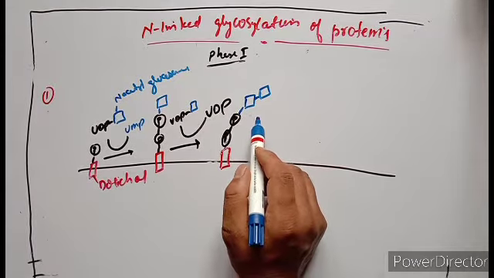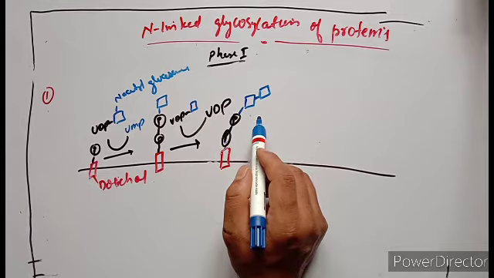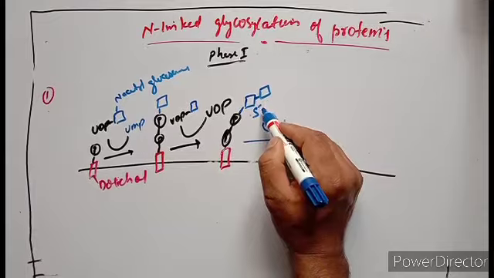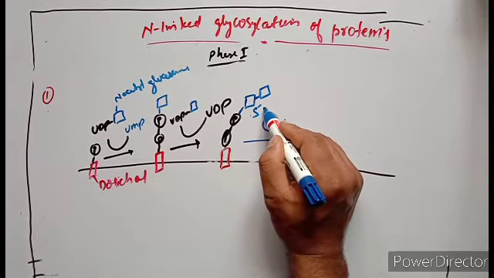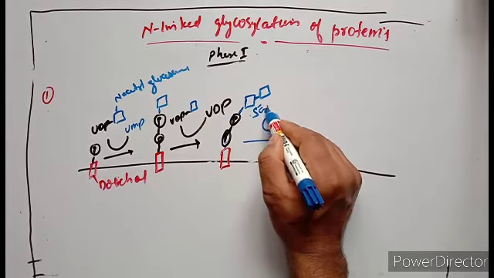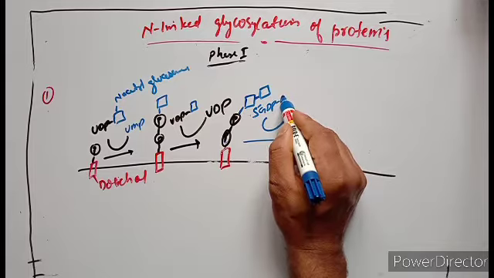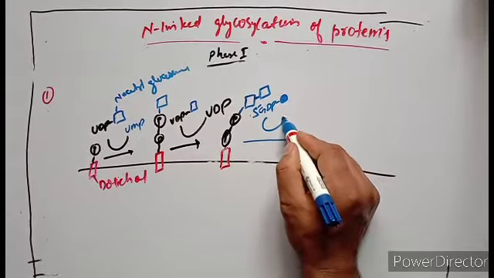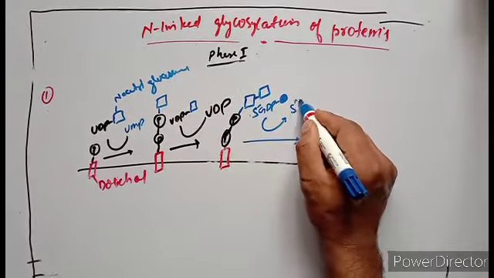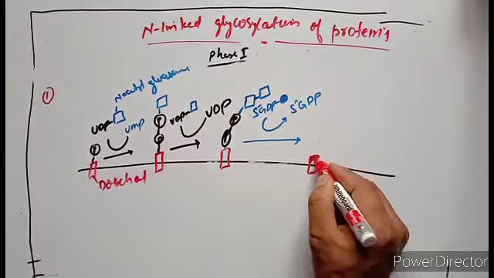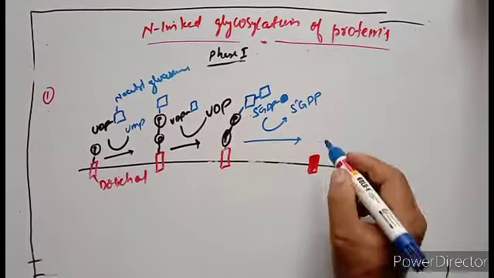The next is, now I'm writing here 5 GDP mannose. So I will draw mannose as a round structure. So these are mannose. This is our dolicol.